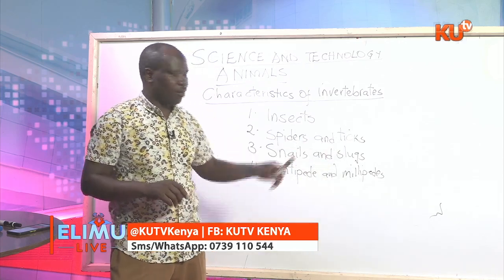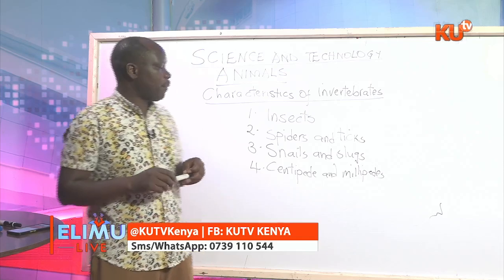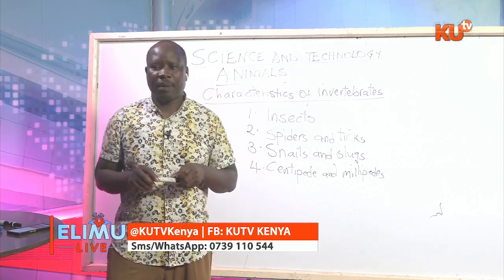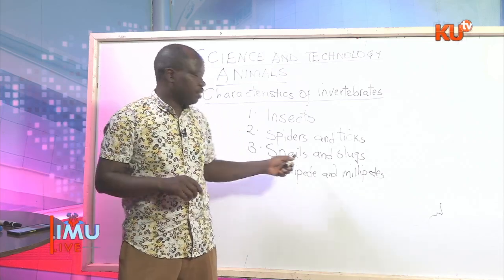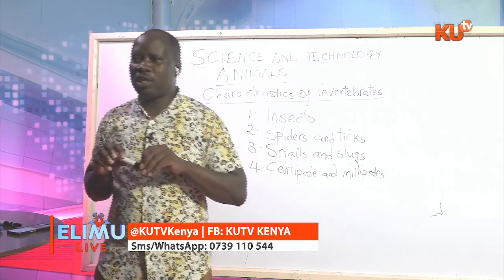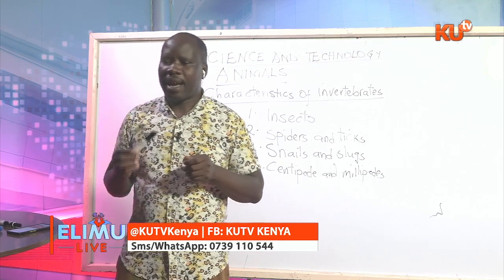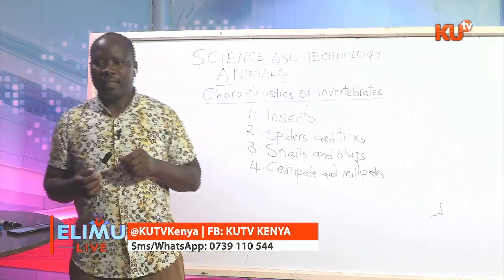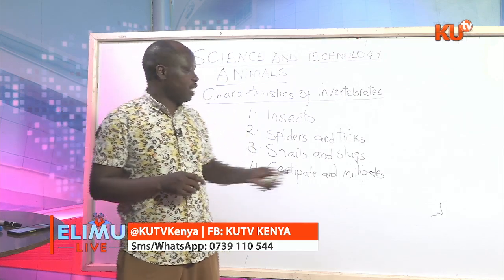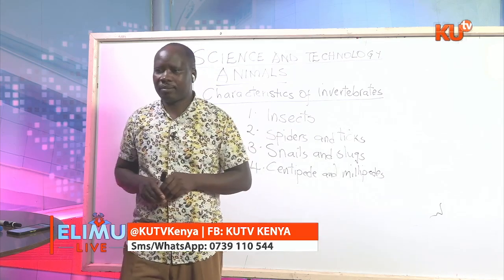After finishing that one, we move straight to category number 3, or to group number 3, which is snails and slugs. Why can't we group snails and slugs in the same category as spiders, or in the same category as insects?